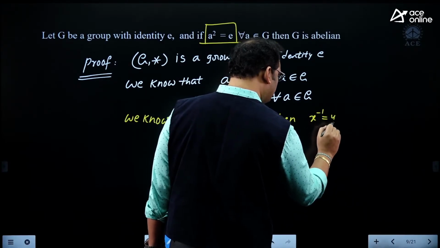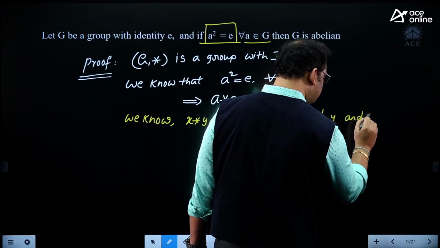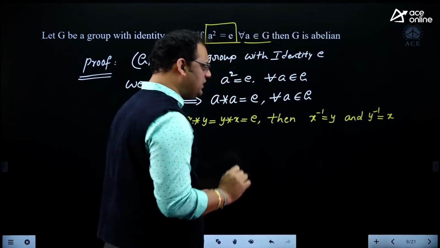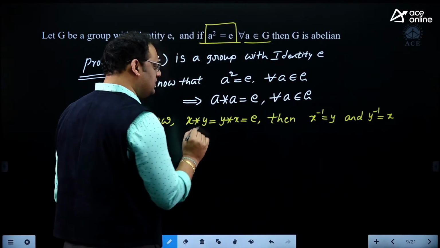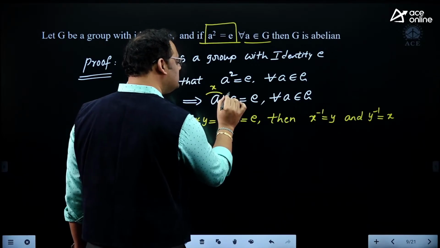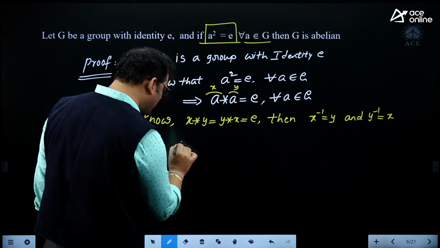X inverse is equal to Y and Y inverse is equal to X. This is known to us. But in a similar way, if you observe, this is acting as X and this is acting as Y. Let me write one more time.